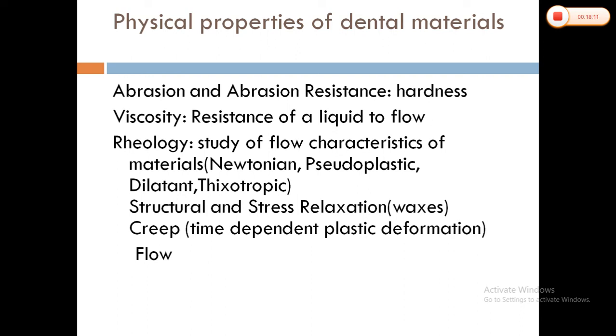So what is the difference here? Newtonian means shear stress will be proportional to strain in this type of liquids. Pseudoplastic means as you give more shear stress, the liquid will become more flowable. Dilatant means as you give more shear stress, the material will become thicker. It will not flow at all.